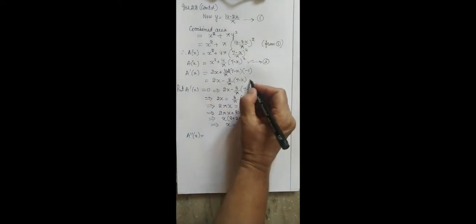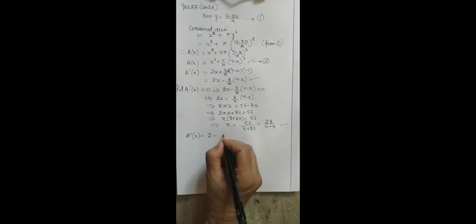Now let me find the second derivative. So what will be the second derivative? Differentiating this result with respect to x, it will be 2 minus 8 upon pi, and now what is the derivative of 7 minus x? It is minus 1. So the double derivative is 2 plus 8 upon pi.